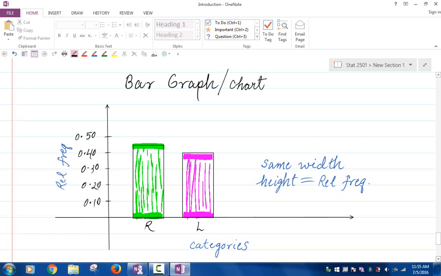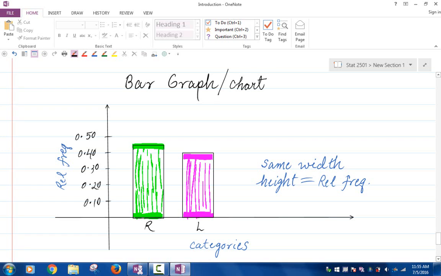For Roosevelt, the relative frequency was 0.45, so the height of this rectangle is 0.45. The widths are the same, so you can pick the width to be 1 or 2, whatever you want. And for Landon, the height is 0.4, which was the relative frequency.